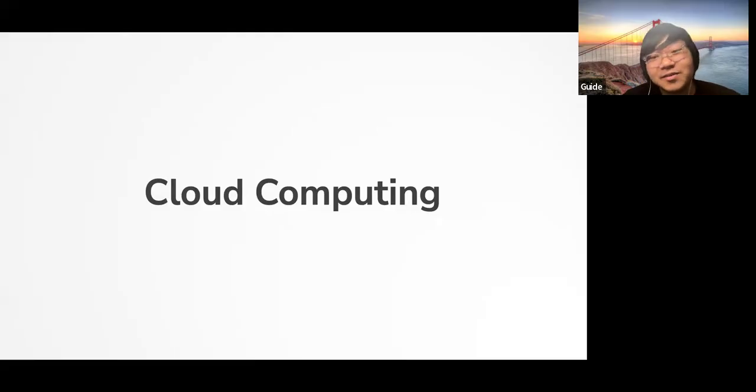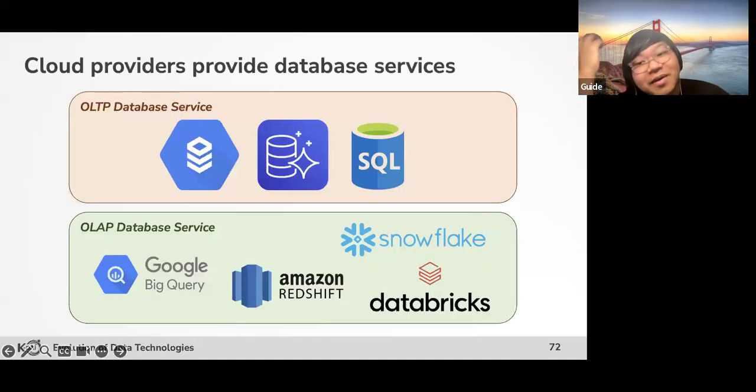Most of the services that you use are on the cloud. So that's why many cloud services also offer you database services as well. And on the cloud there are also OLTP and OLAP ones. For example, the first one is GCP, Google Cloud Platform.